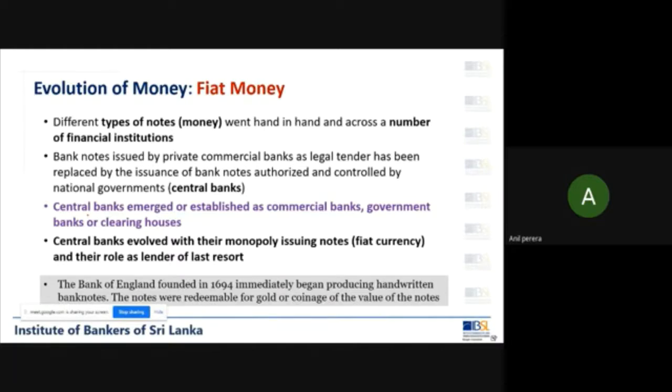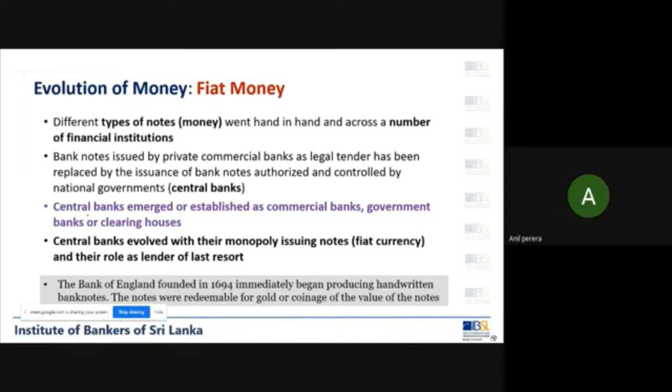So what happened? Banknote issuance by these private financial institutions as the legal tender was replaced by banknotes authorized and controlled by the government.